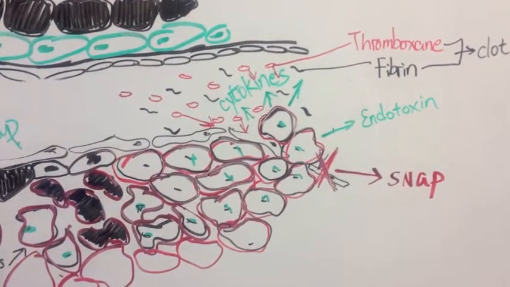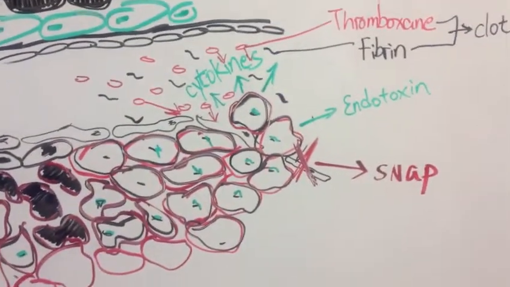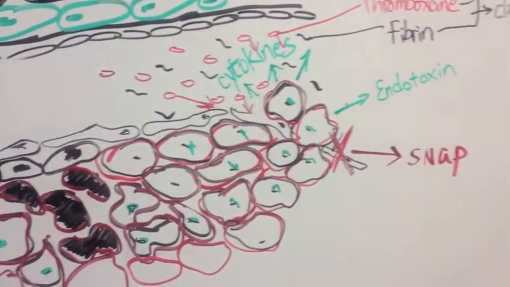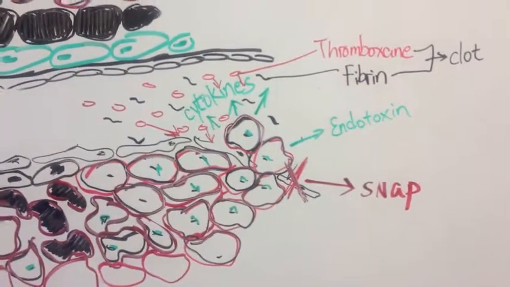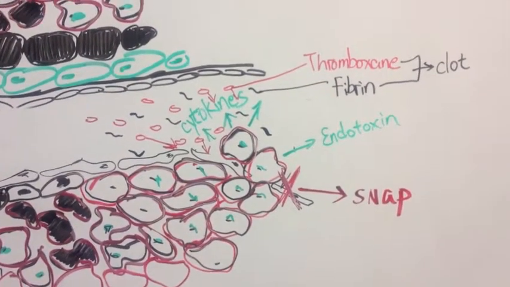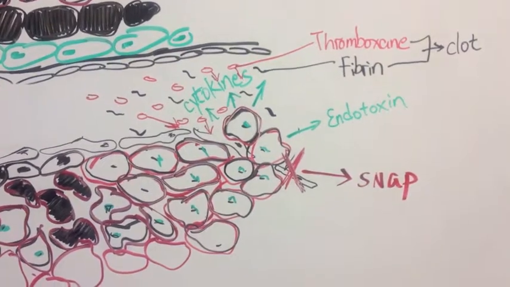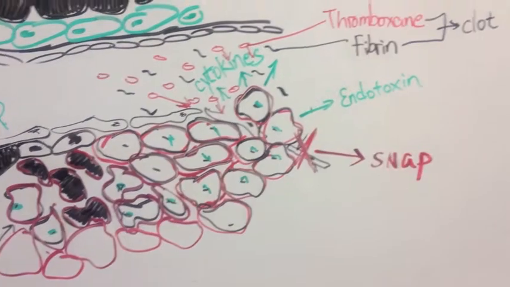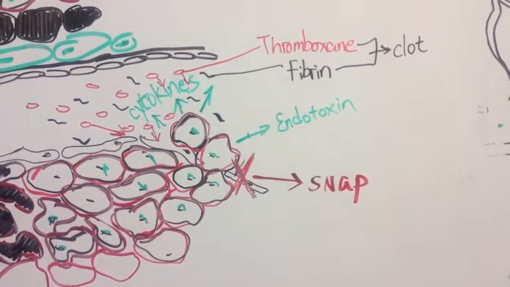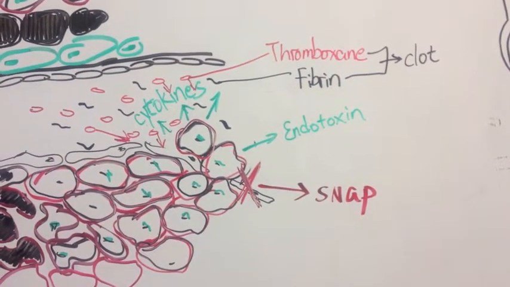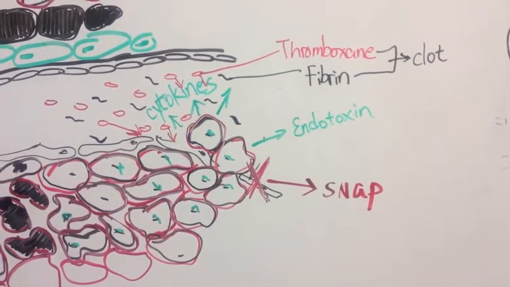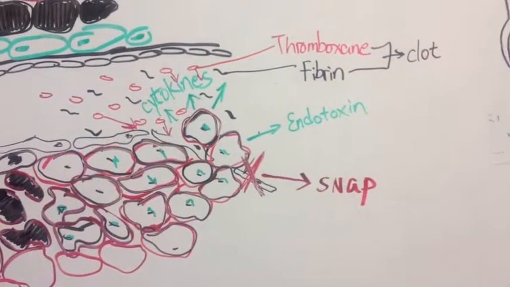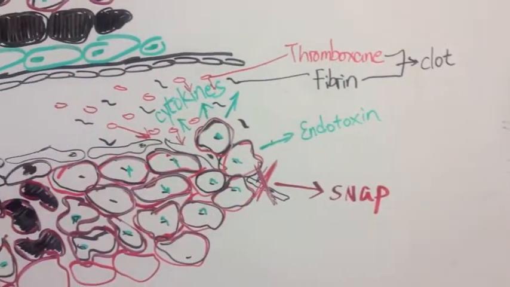Then cell particles, the macrophages, the foam cells, and cell debris begin to leak out into the lumen of the blood vessel, and they release inflammatory factors in the form of cytokines and endotoxins, which call in thromboxane and fibrin to form a clot, which eventually occludes blood flow, preventing the delivery of oxygen to tissues, and can lead to tissue death and heart attack.